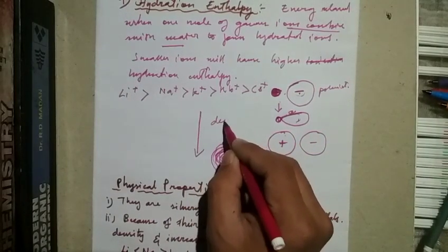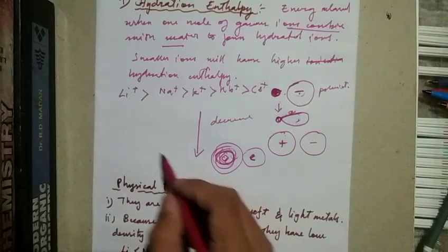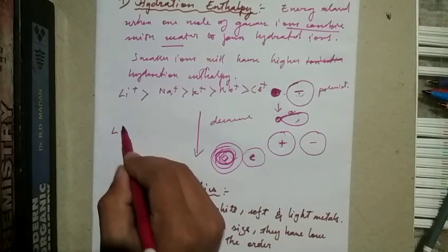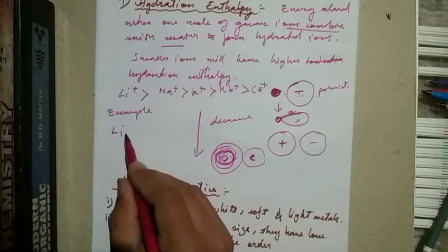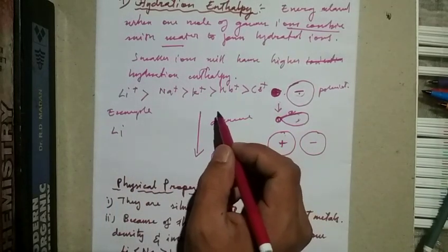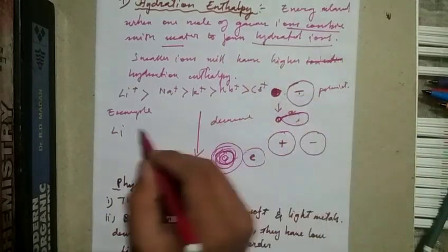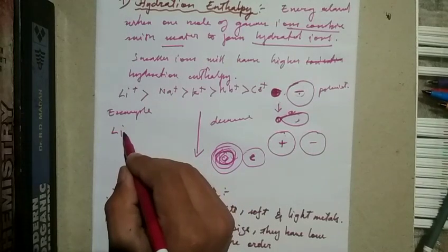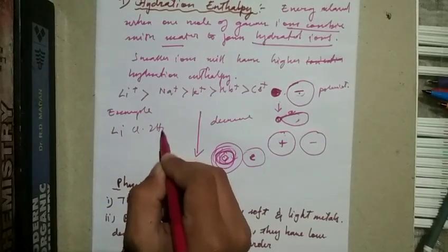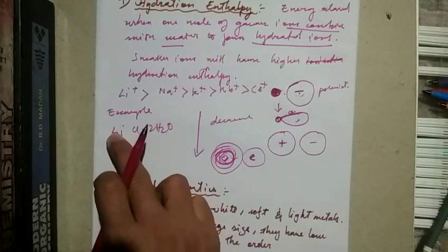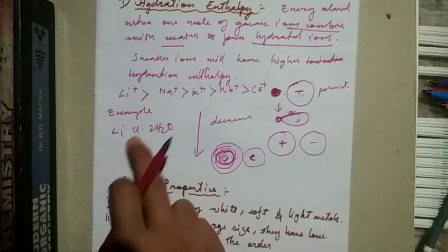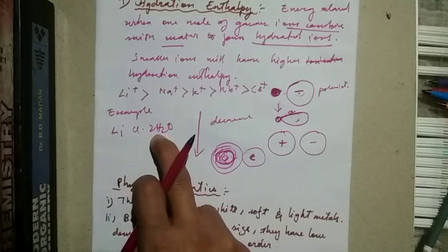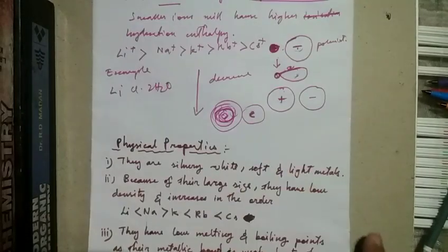Li forms hydrated ions, for example LiCl·2H2O, and this is the only element in group 1 which forms these hydrated ions.